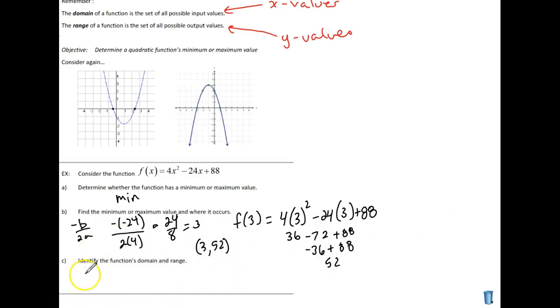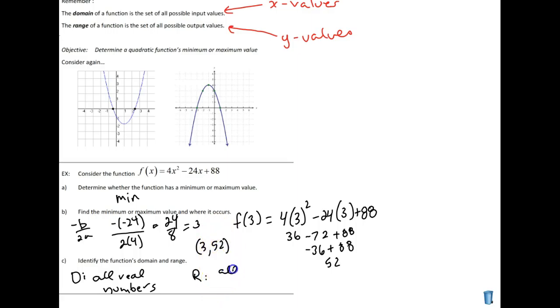The last thing it wants you to do is domain and range. Again, your domain is going to be all real numbers, every time you're working with parabolas. But your range is based off of your maximum or minimum. In this case it's a minimum, so it's always going to be greater than or equal to whatever your smallest y value is, which here is 52.